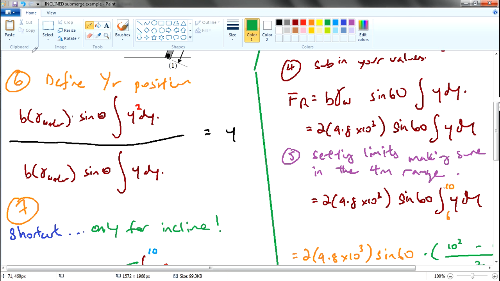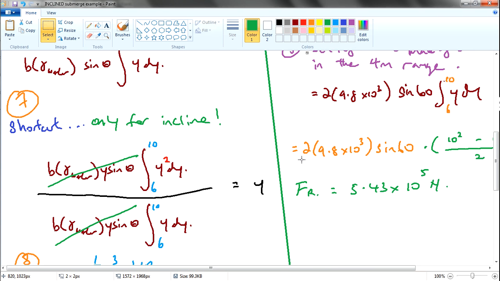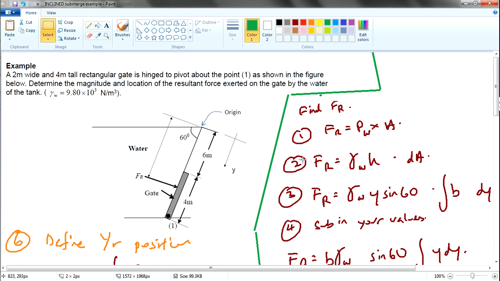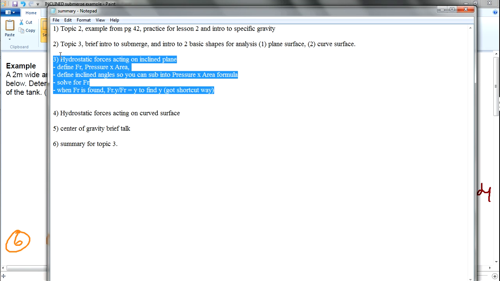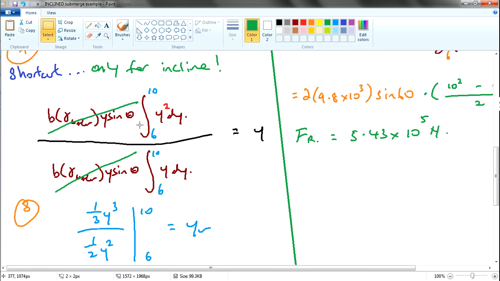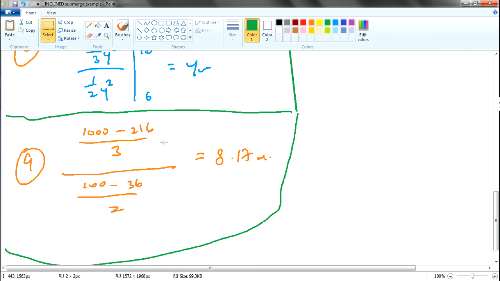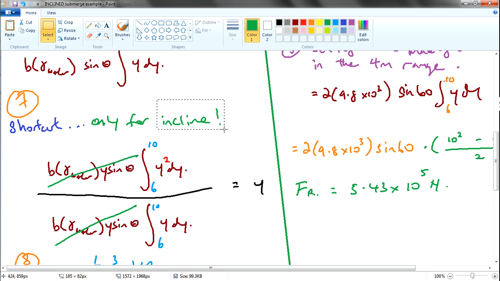So just to let you know, this is the common misunderstanding within the whole thing, but once you clear this understanding, it is pretty much quite straightforward. Next video, I've ended the portion over here, hydrostatic forces acting on an inclined plate. To stress again, cancelling this term is only for an incline.